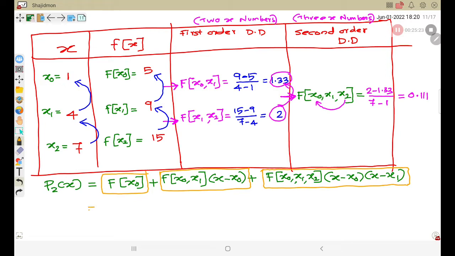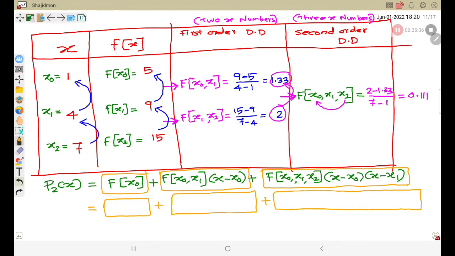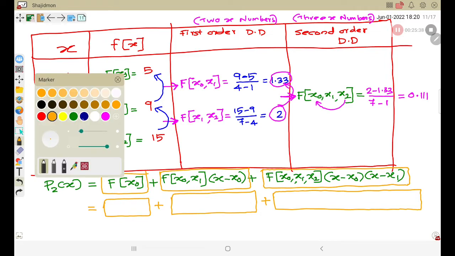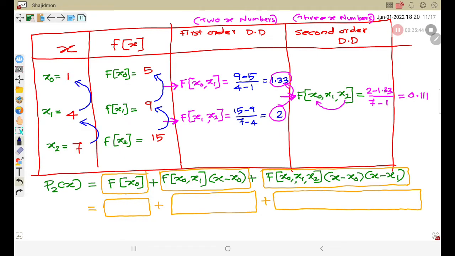Now first we are writing the first term. The rule is a little long, but when we write it, it is short. So, f of x0, what is f of x0? You can check from the question.